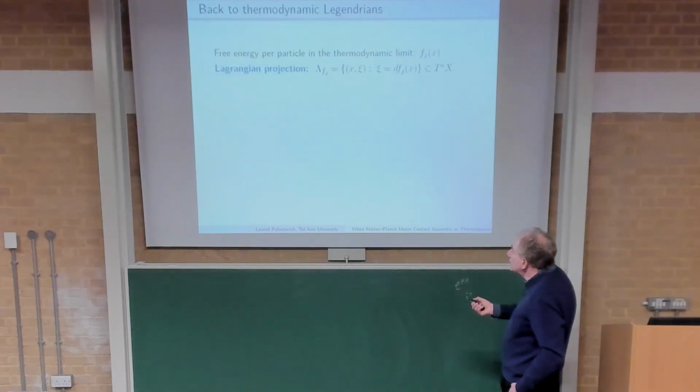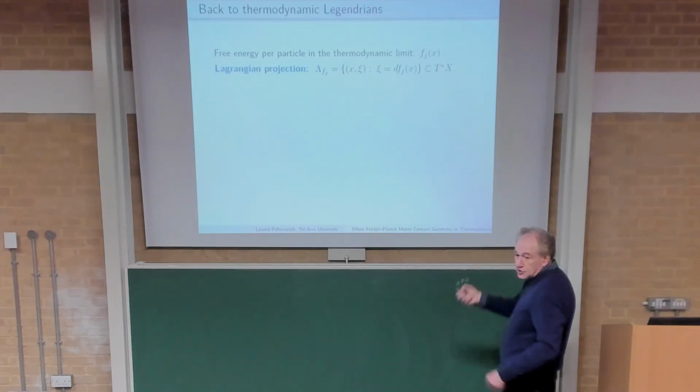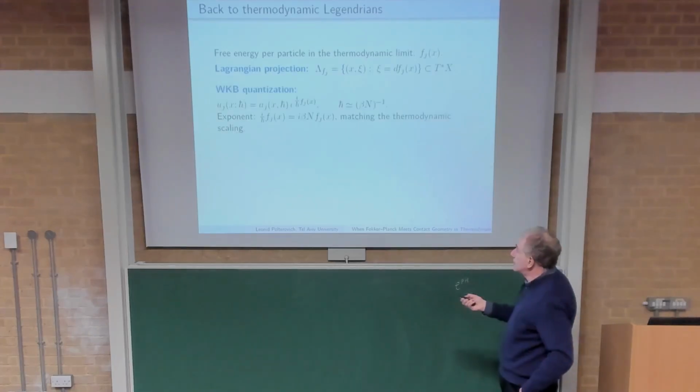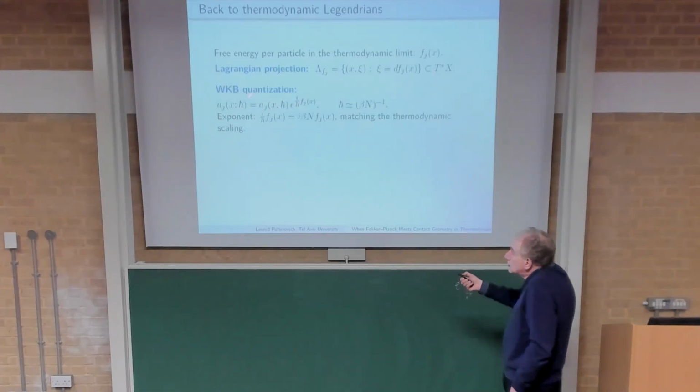Okay, and so then we go back to our thermodynamic Legendrian, so we consider Lagrangian projections, as I said, so we forget the z, and we compare with WKB quantization. So we write the same things, U_j, which is a_j e to the power i over h bar f_j, with h bar equals beta n inverse.